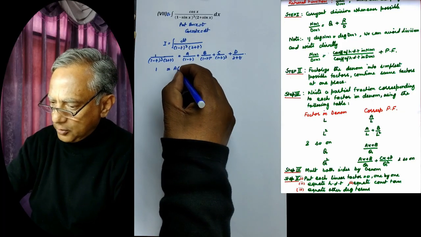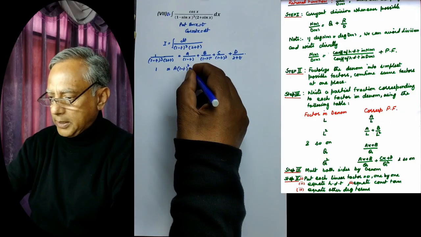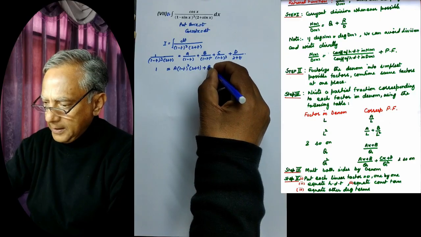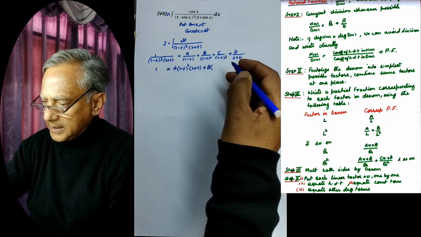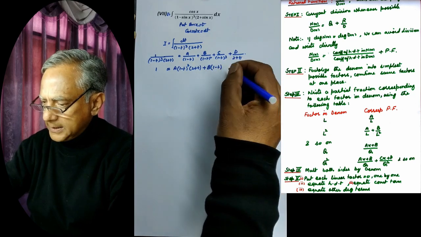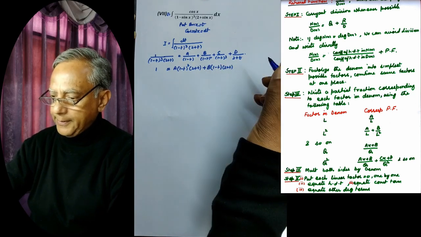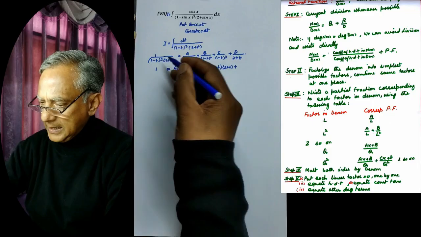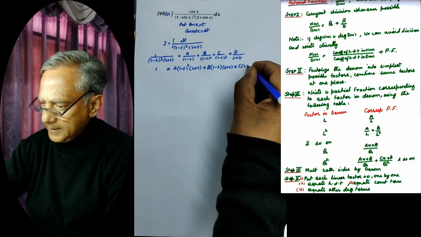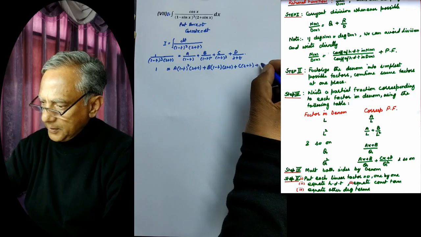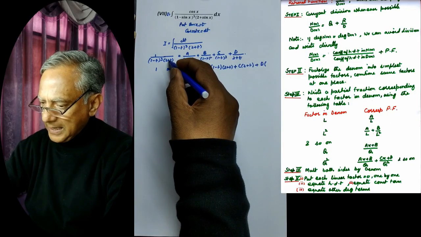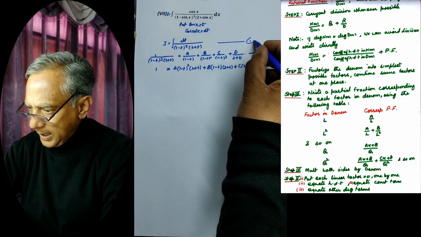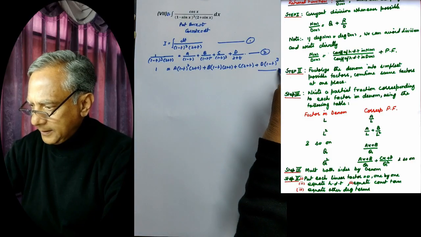We will have a into 1 minus t whole square into 2 plus t, plus b into 1 minus t, 1 power will remain, into 2 plus t, plus c into 2 plus t, plus d into 1 minus t whole cube. Let this be 1, this be 2 and this be 3.